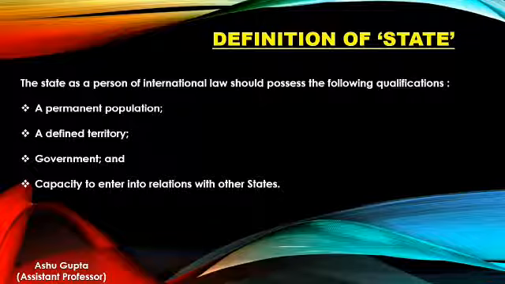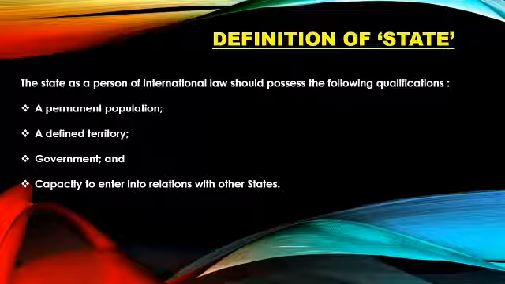A defined territory does not suggest that the territory must be fixed and the boundaries settled, since these are not essential to the existence of a state, although in fact all modern states are contained within territorial limits or boundaries.